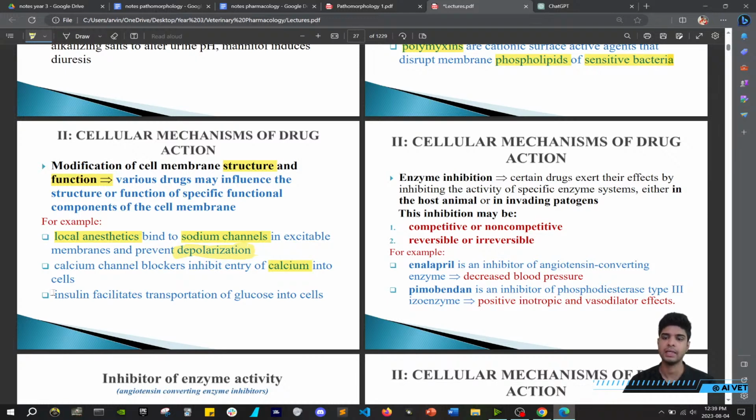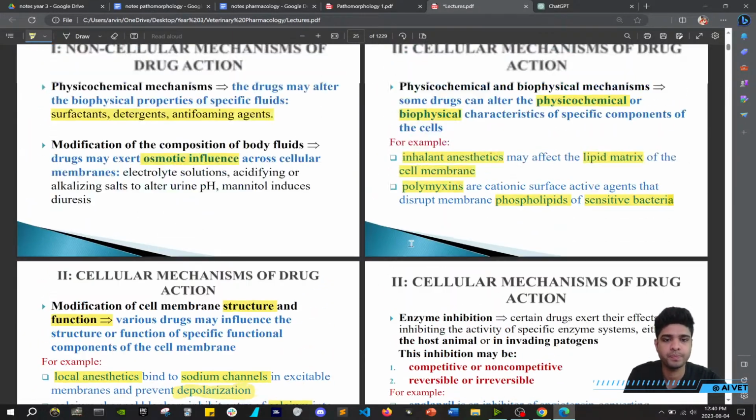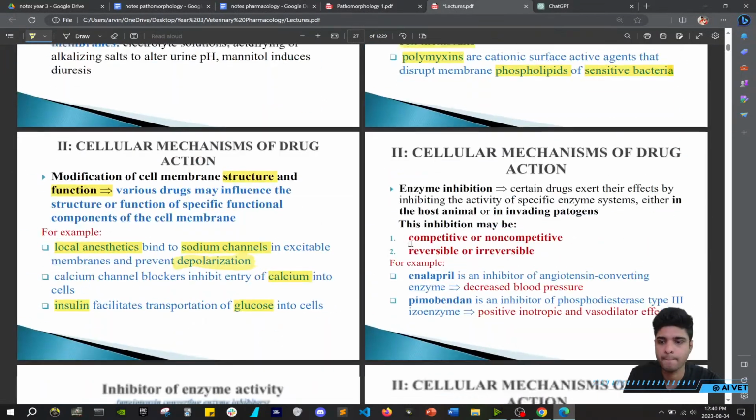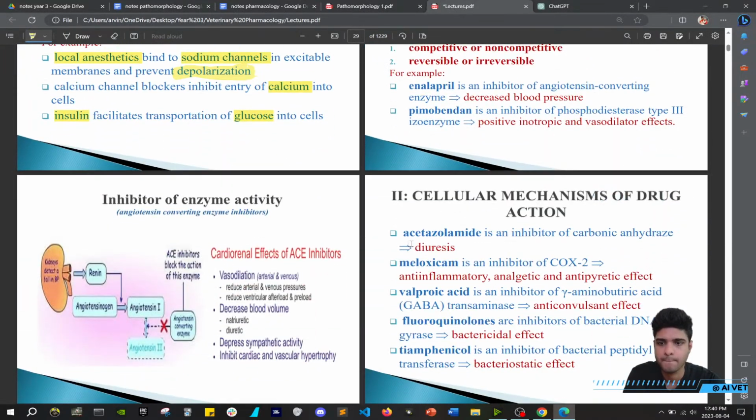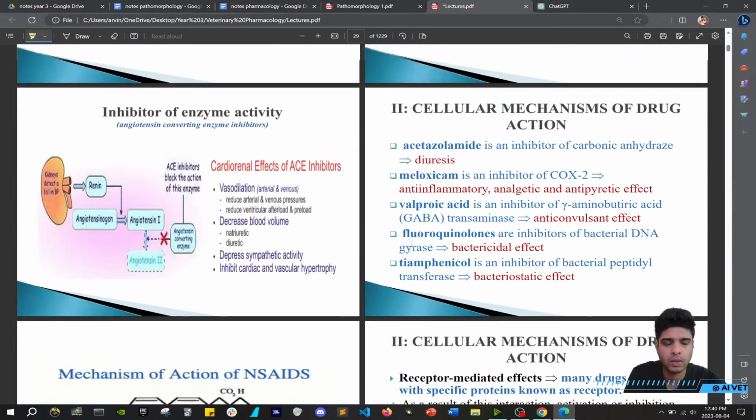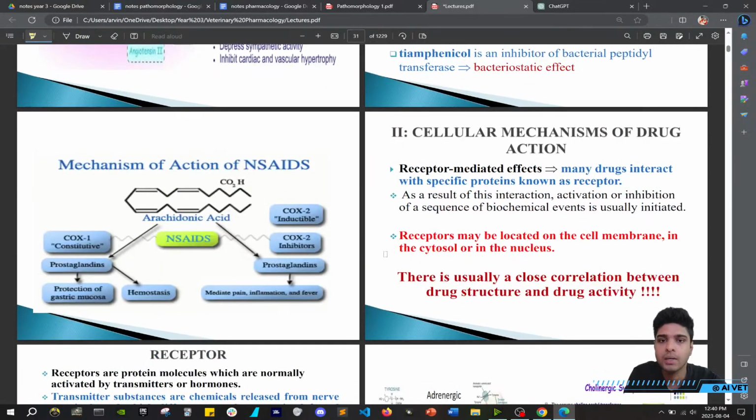And function is like insulin helps in the transportation of glucose into cells. Okay, in this case liver cells, right? Okay, what are all those things that are there?